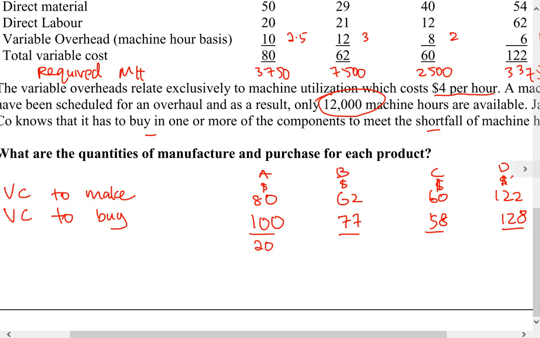Savings, okay? So this is the cost to make one unit, the cost to buy one unit. So savings per unit.